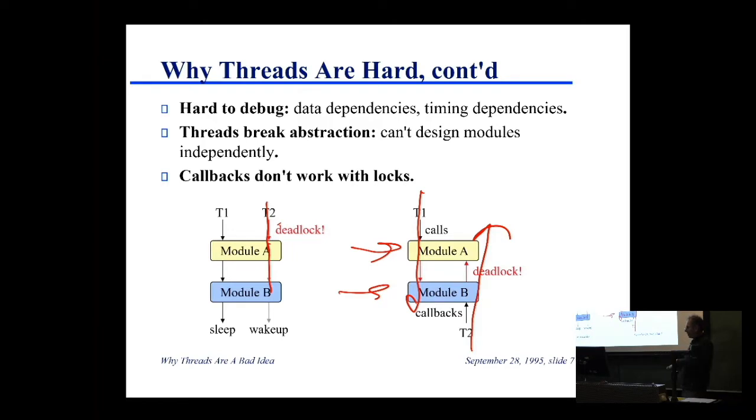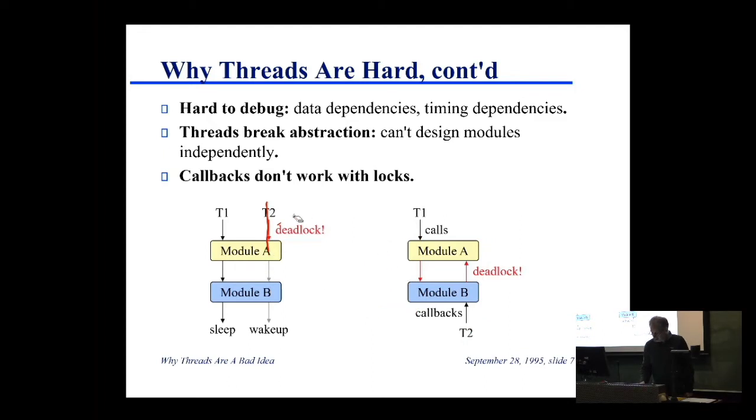And we all know if we don't have a consistent acquisition of locks, we're deadlock prone. So callbacks don't work when we compose things like this either. So synchronization ends up being hard in large complex systems.